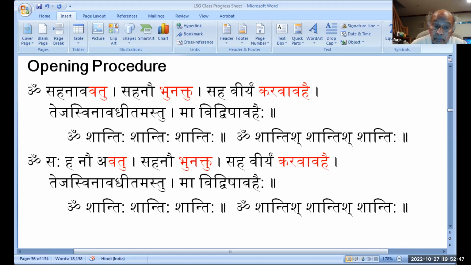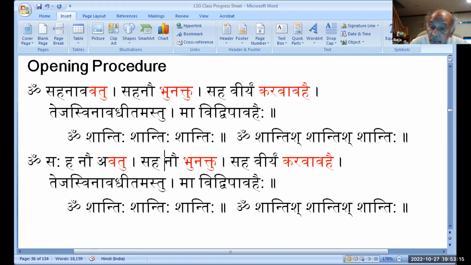May that Bhagavan protect both of us. This is the dual. Saha now bhunaktu. Bhuj is to nourish. From there the word bhojanam comes. May that Bhagavan give us enough knowledge to understand. Bhunaktu, nourishes.